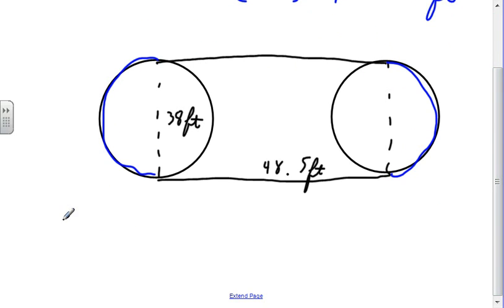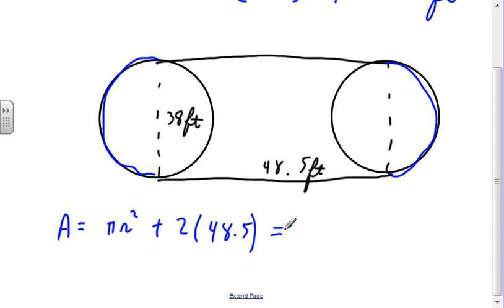Then I'm looking for the area, so the area is going to be pi r squared plus 2 times 48.5. Pi times r is going to be half, which is 19 squared plus 2 times 48.5.